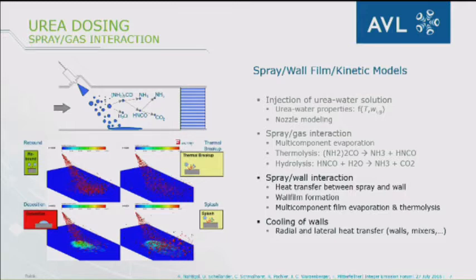These regimes depend on the momentum of the droplet and the temperature level, and they decide whether deposits will take place or not. And finally, cooling of the walls. We have already heard in a previous presentation that temperature is one of the key points for reaching good performance of the exhaust system.